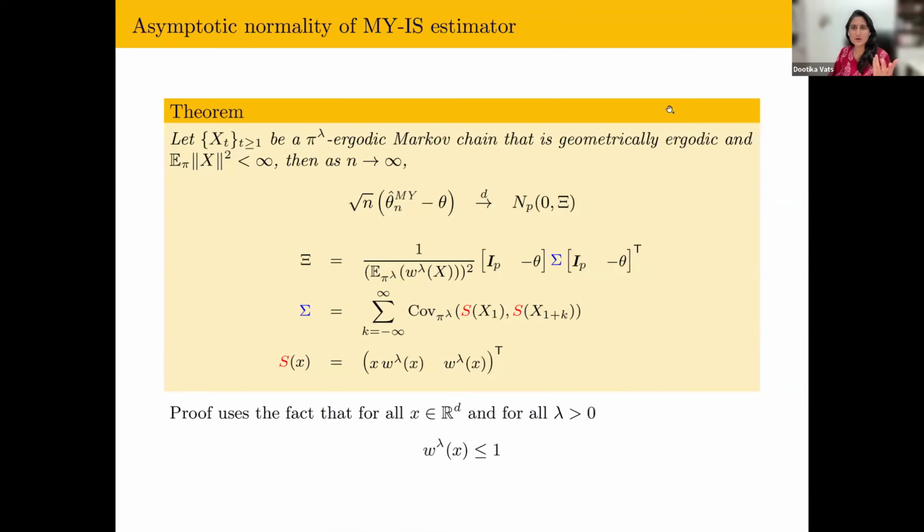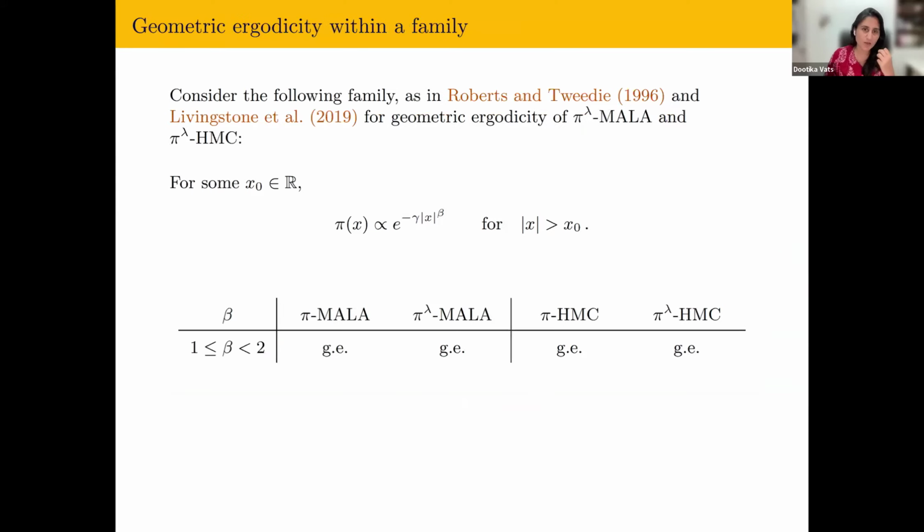A natural question. So one of the assumptions is that the Markov chain, we're assuming, is geometrically ergodic. So a good part of the paper then focuses on what kind of results can we say about pi lambda. And so this becomes not so tricky to look into, because there's a fairly large amount of literature out there that establishes geometric ergodicity of MALA and HMC.